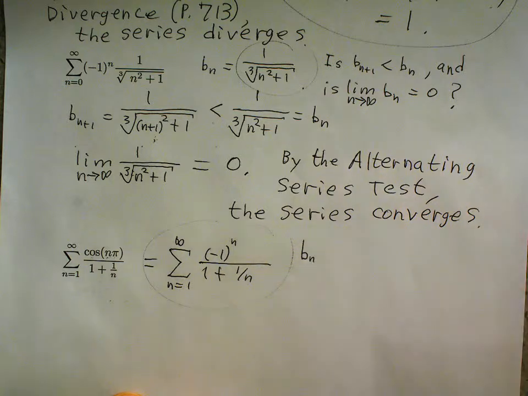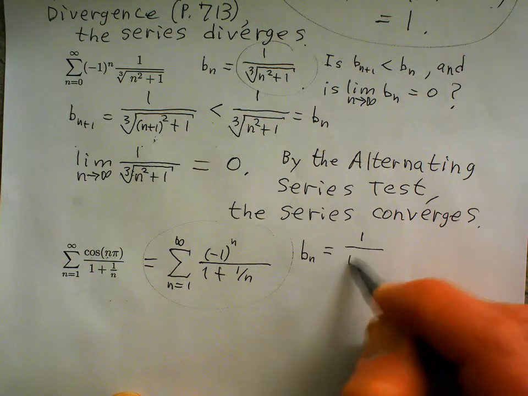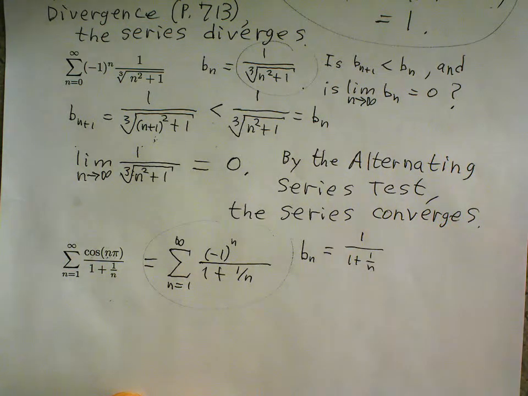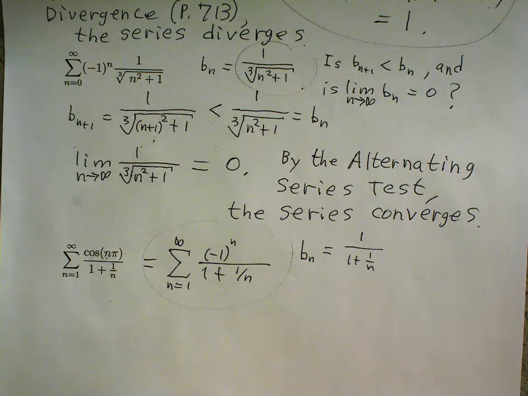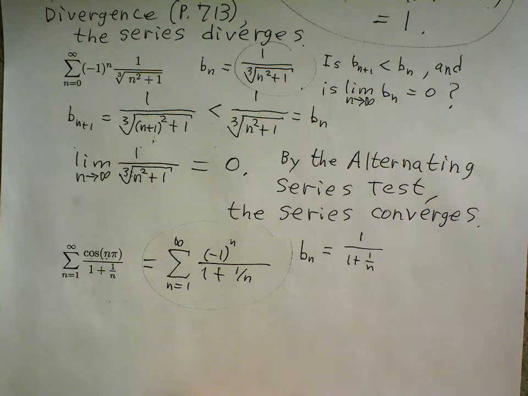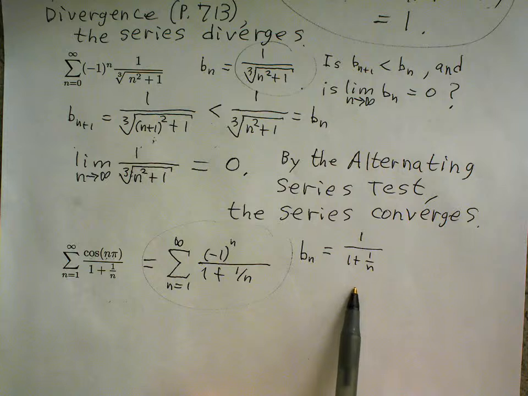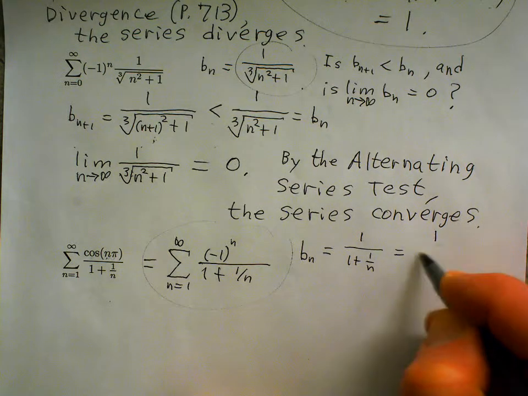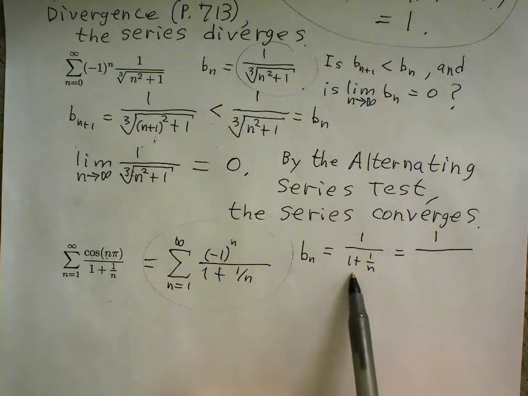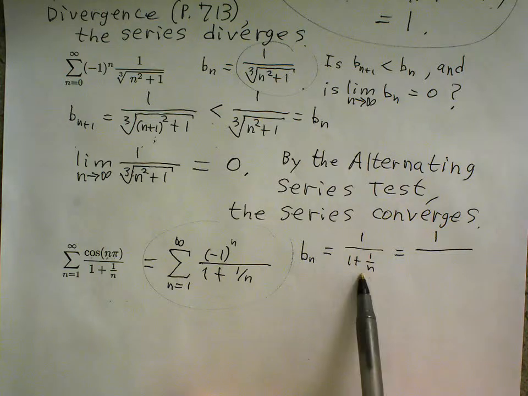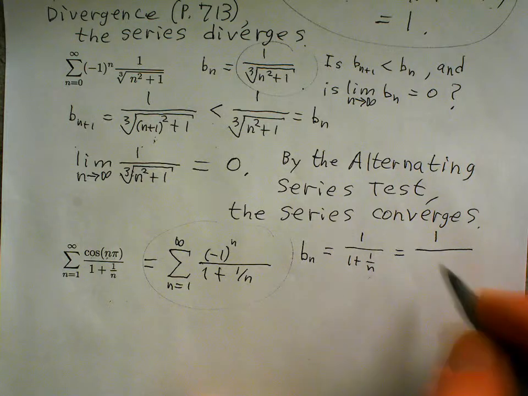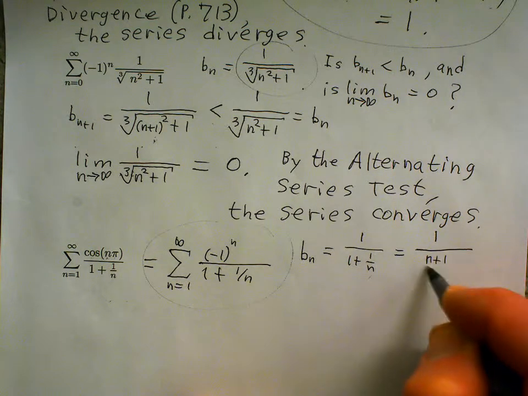Okay, the b sub n terms are 1 over 1 plus 1 over n. Do you know how to simplify that? 1 divided by 1 plus 1 over n? Well, in the denominator, 1 plus 1 over n, we can write that as a single rational expression with a common denominator n. So this is n plus 1 over n.